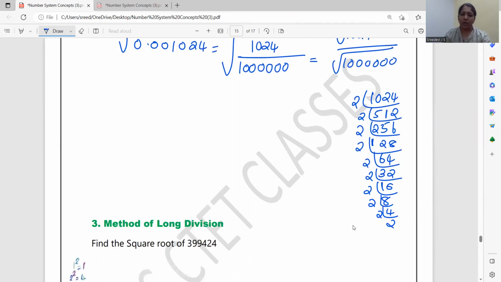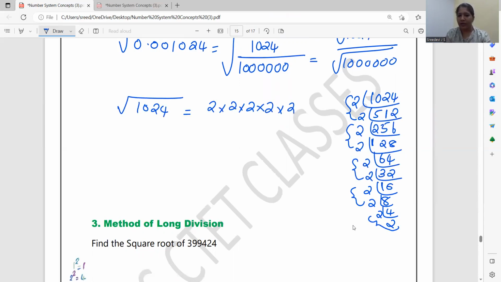So there we'll stop. How many groups are coming? 1, 2, 3, 4, 5 groups of 2's are coming. So that means from one group, one member we will write. So square root of 1024, we can write as 2 into 2 into 2 into 2 into 2. So that's 32, right? So square root of 1024 is 32.